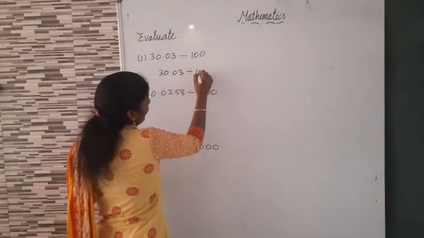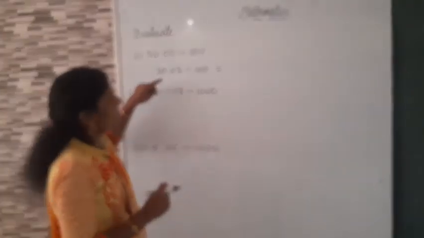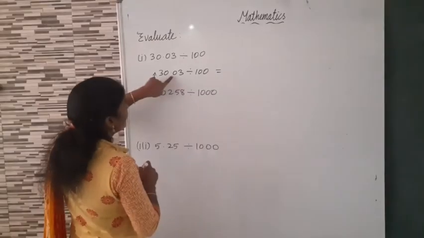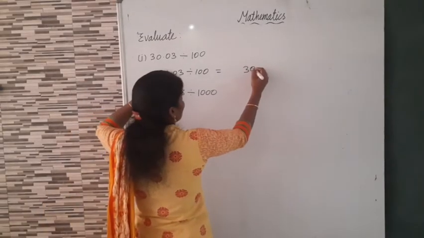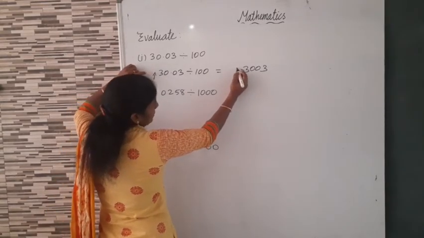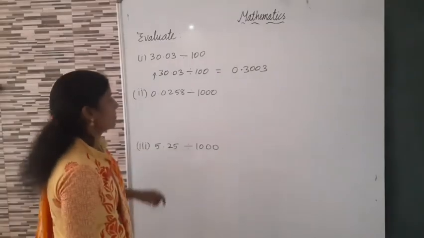Left side. So because here 100, this point will come here. 3003, point is here. Here no number, so we can add 0. 0.3003 is the answer. Okay.